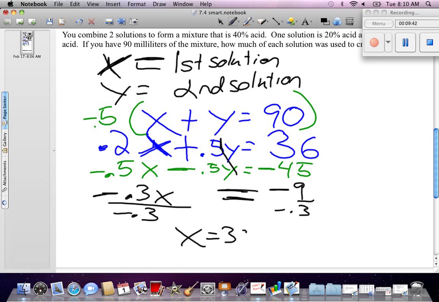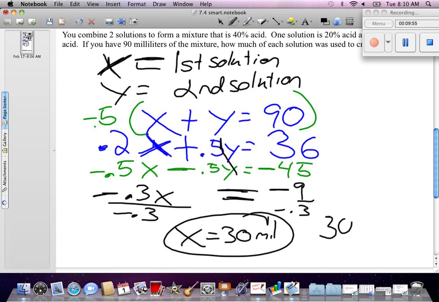So I've got 30 milliliters of the first one. Okay, so I'm going to plug it back in to that original blue equation. And I'm going to say 30 plus y equals 90. So how much is y going to be? 60 milliliters.